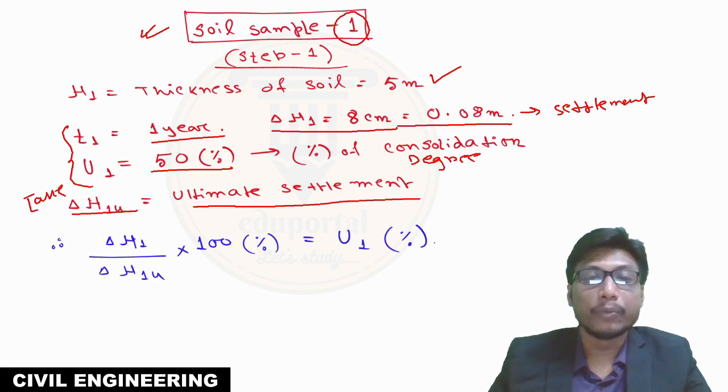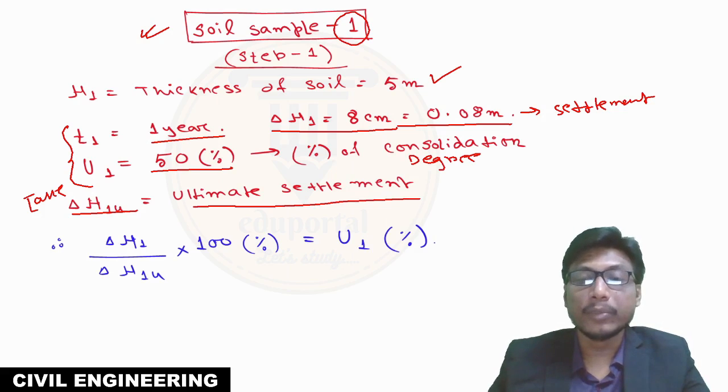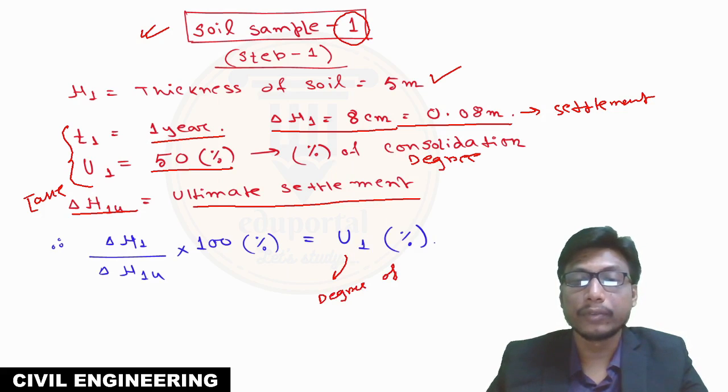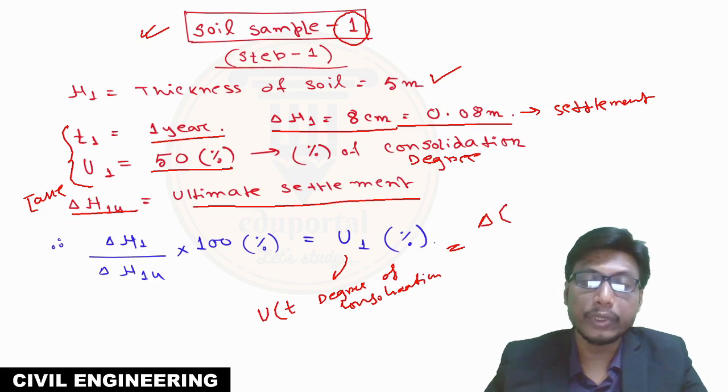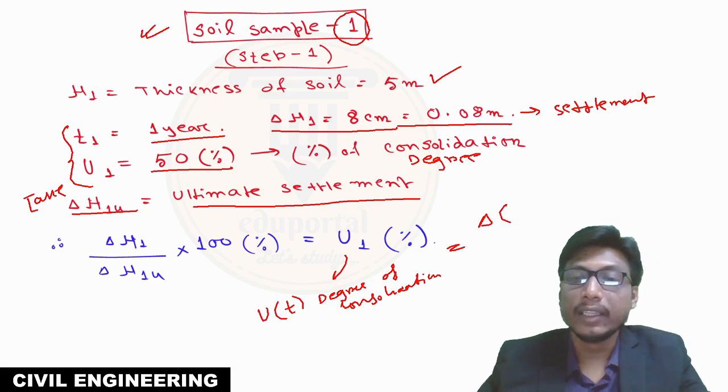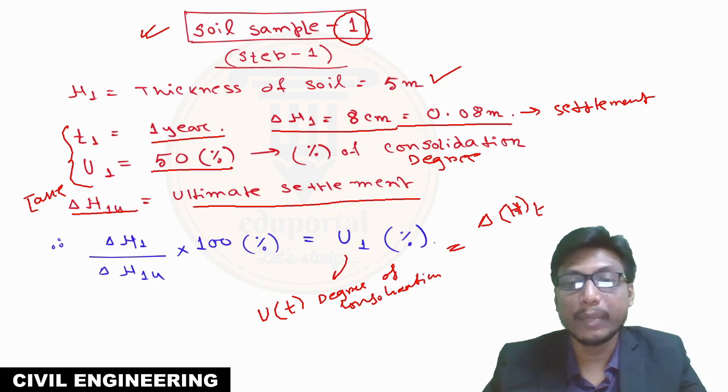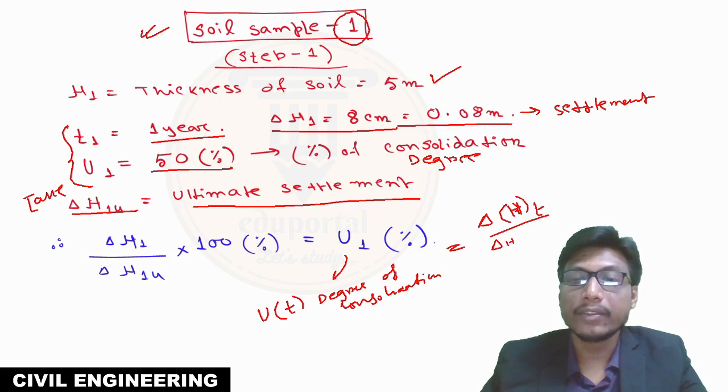Now we know from the definition of degree of consolidation that it is equal to settlement. So degree of consolidation UT, that means at time t, is del H T, that means settlement at any time t, by del H U, the ultimate settlement.